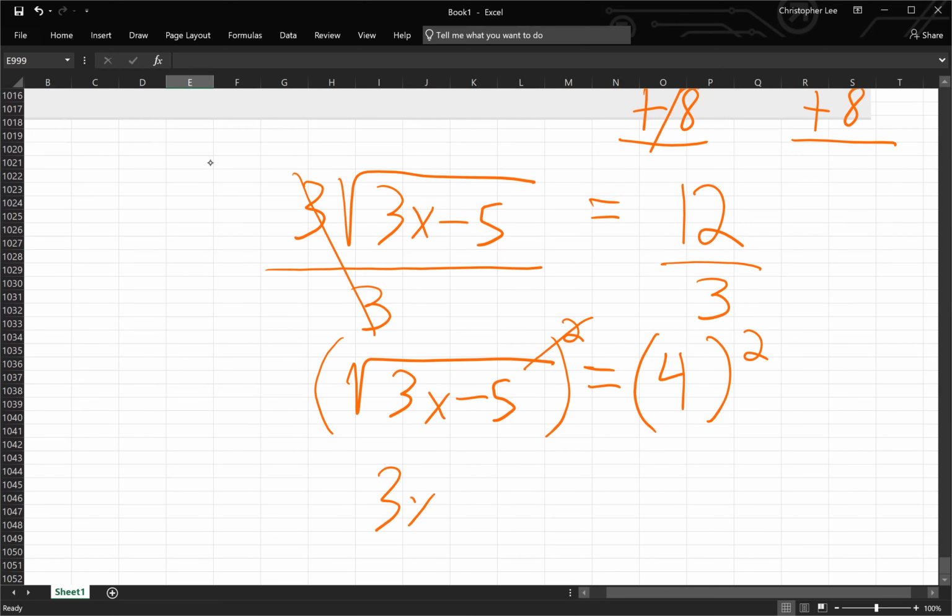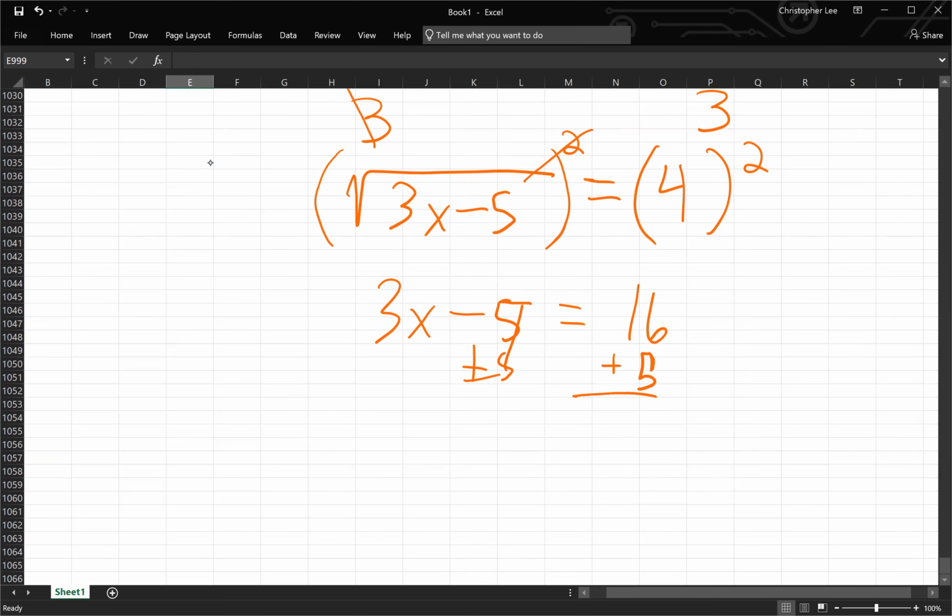So 3x minus 5 is equal to, what's this, 16? Add 5 to both sides. What's this? 3x is equal to 21. Divide by 3, divide by 3. So I have x equals 7.